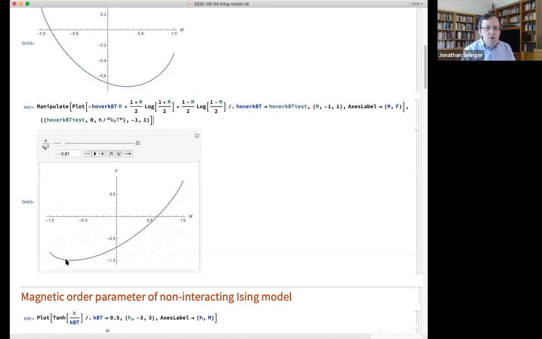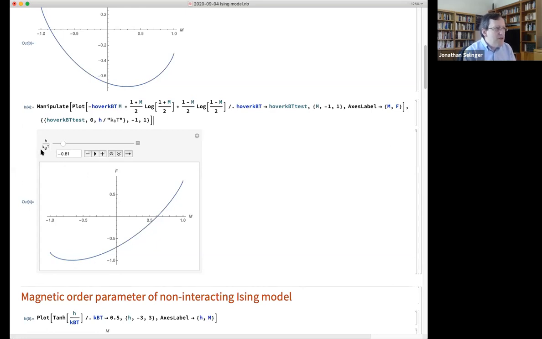Now, we might want to know how big the induced magnetization is as a function of magnetic field, in order to make a prediction that we could give to somebody in the lab. One thing I could do is look at a graph like this and see where the minimum is.